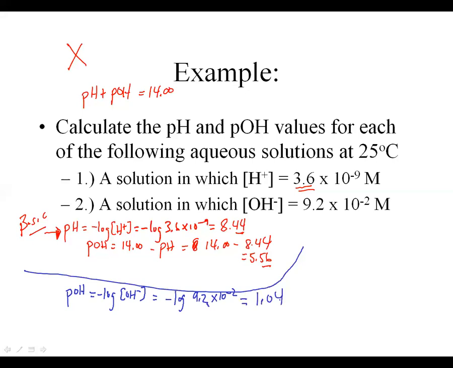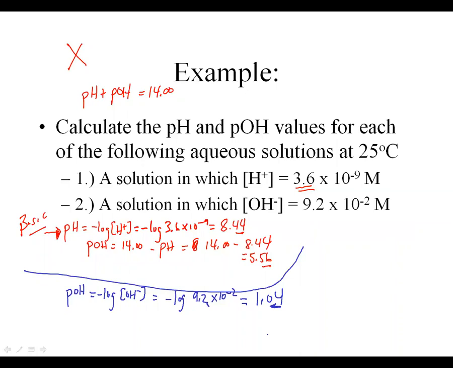Again, same reasoning in terms of how far we took the pOH value. The OH minus concentration was, again, 2 significant figures. So that's going to translate, as we see here, to 2 decimal places. And again, now that we have the pOH, we can probably just subtract it from 14, which is the easier move. So the pH would equal 14 minus pOH.